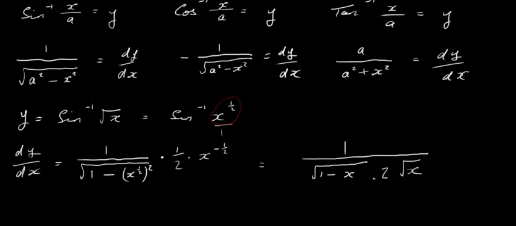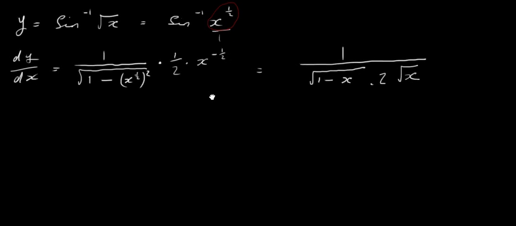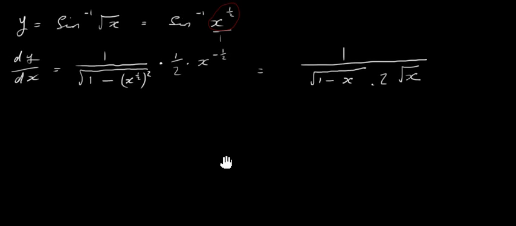Okay, so that's one way of doing it, and let me just show you another way of doing it. I'm kind of going to run out of room here, so I'm just going to end up doing one of these.